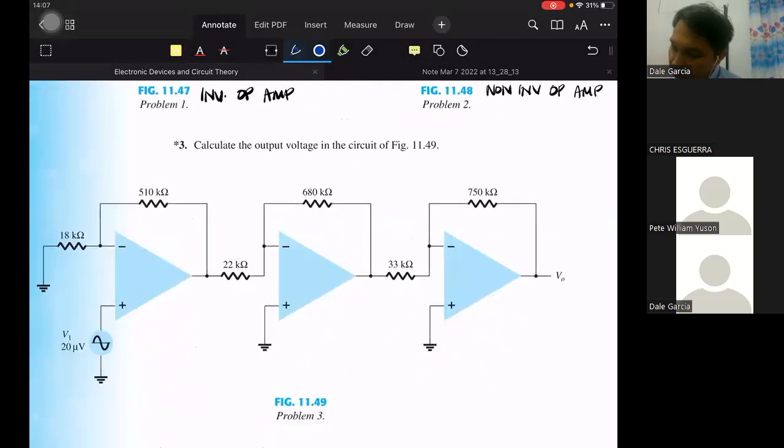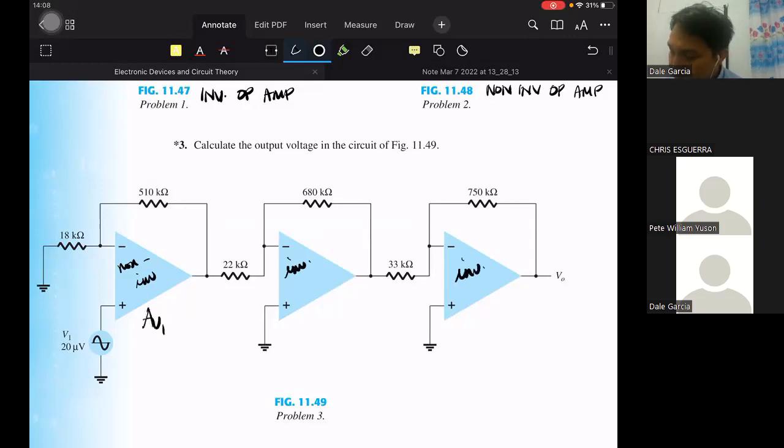Multi-stage. This is similar. This first one is non-inverting. Second is inverting. Third is inverting also.